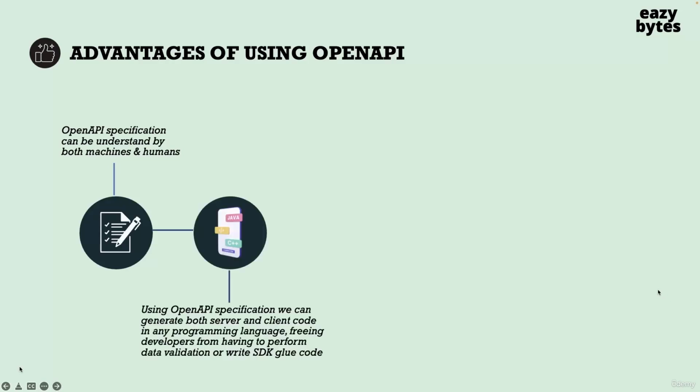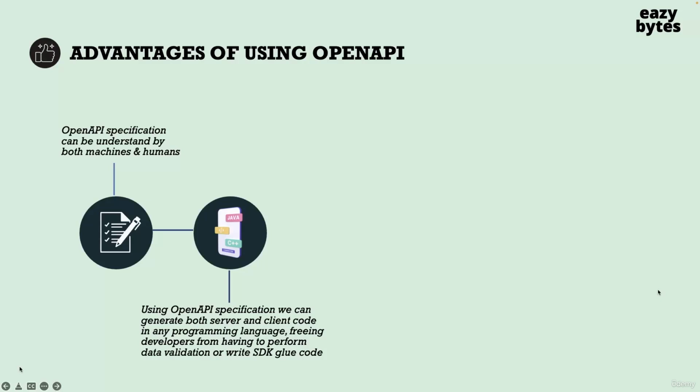And the next advantage that we have here is that using the OpenAPI specification, there are a good number of tools that generate both server-side code and client code in various languages, which will free developers from writing the initial skeleton code. This automatically generated code is smart enough to perform data validations as well.